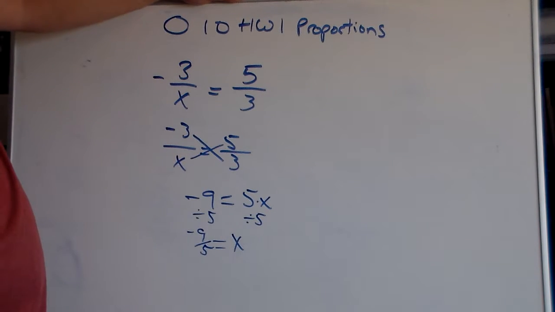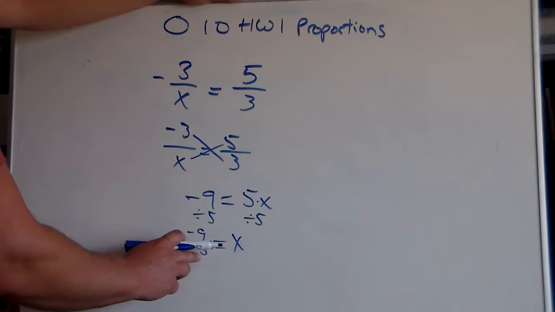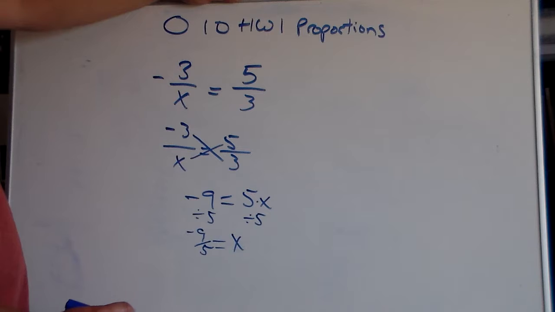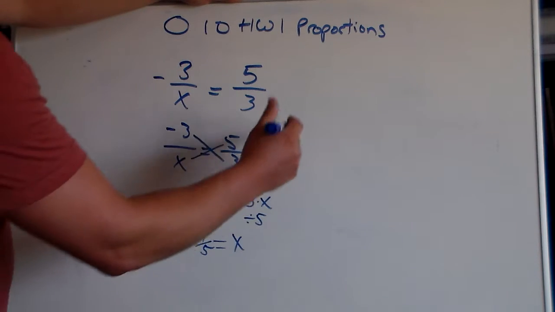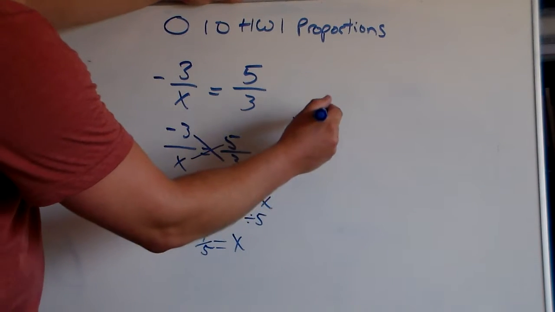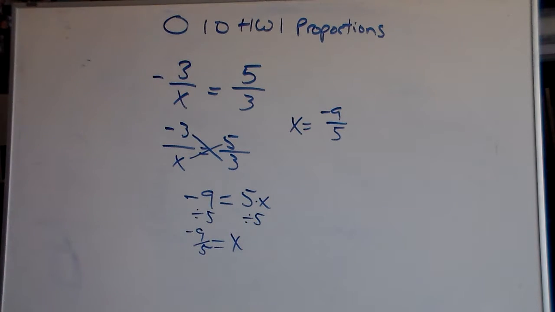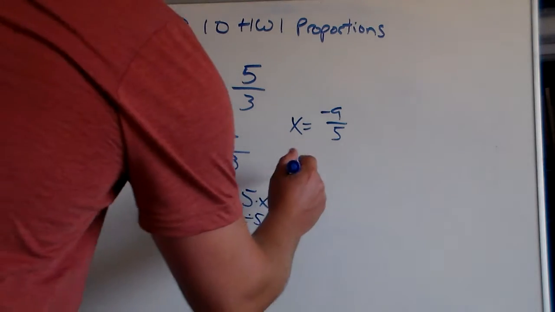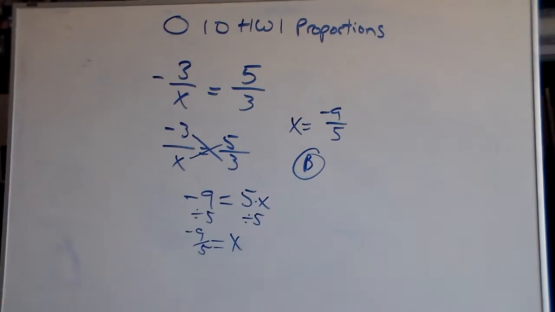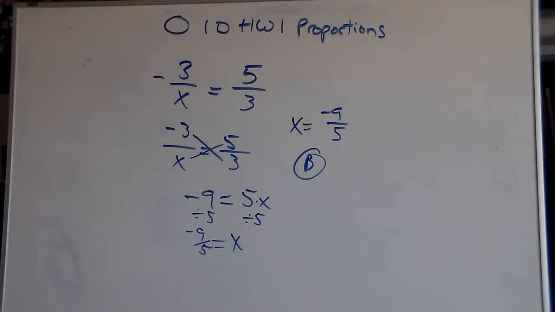Now that doesn't divide out nice and pretty for an integer, so we're going to leave it as negative 9 over 5. It also doesn't simplify any further. So it'll be x equals negative 9 over 5. That's the answer to problem number 5, which is B in our multiple choice. So number 5 is B. Next up, we'll do problem number 7.